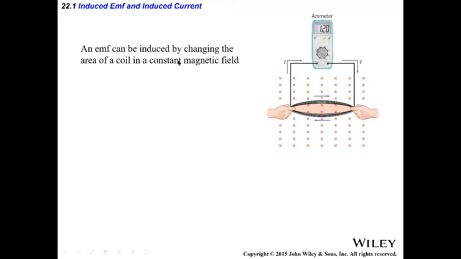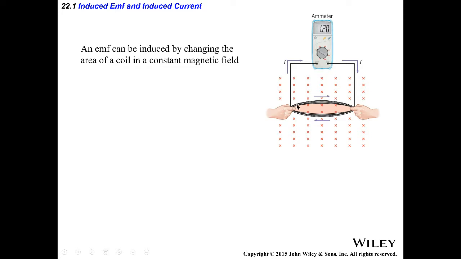Okay. And this EMF can be induced by varying the area of the coil. X represents the magnetic field pointing into the board, and the magnetic field is into the board.